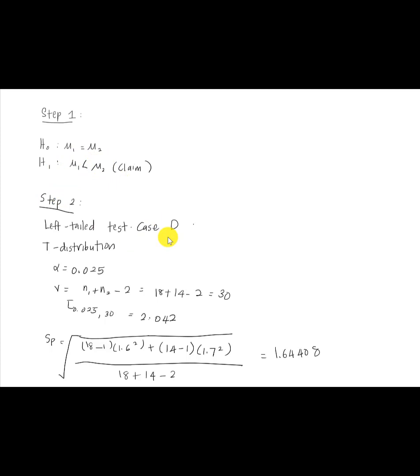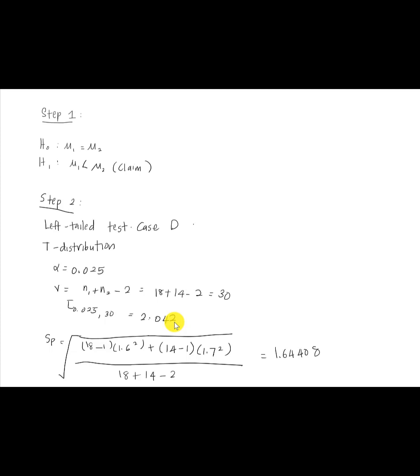We are going to use the T distribution, in which our alpha is 0.025 and our degree of freedom, from the formula given, N1 plus N2 minus 2, that means 18 plus 14 minus 2 is equal to 30. By looking at table 7, the T distribution table, we get 2.042.